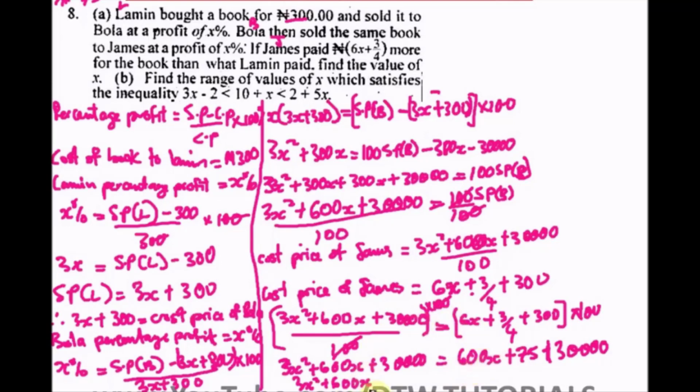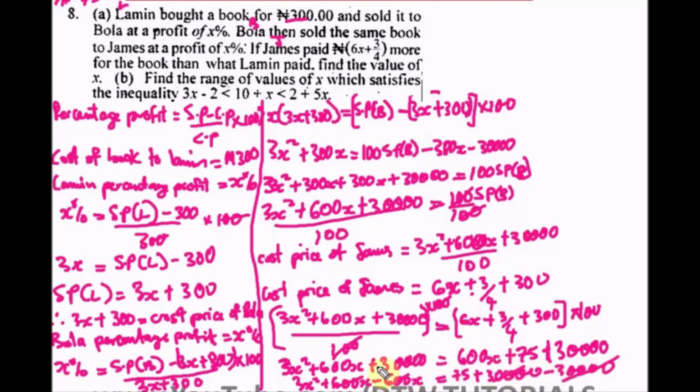Then 600x coming to this side, we're going to have minus 600x, equal to 30,000 coming to this side. We have 75 plus 30,000. Then this is a plus, 30,000 coming here will give us minus 30,000. From here 30,000 will cancel out 30,000, and 600x minus 600x will cancel out. It's a negative, so it will give us 0.